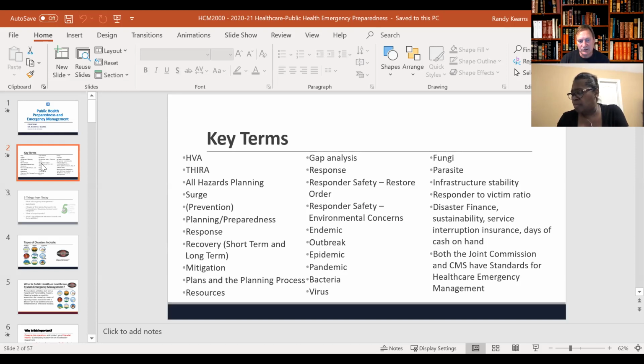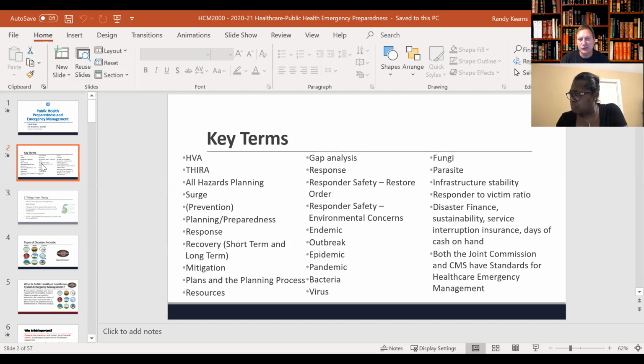In certain circles, there's a 5th phase or a 5th component, and that's called prevention. Again, depending on the literature that you read, you'll either read prevention, planning, response, recovery, mitigation, or you'll read just the 4: planning, response, recovery, mitigation. And we do sort out recovery into 2 different pieces, short-term and long-term. I've got a slide for that later. I'll show you just briefly what that means.